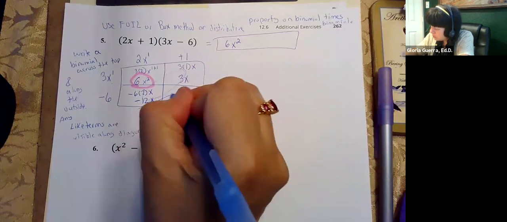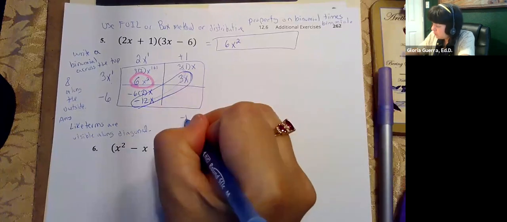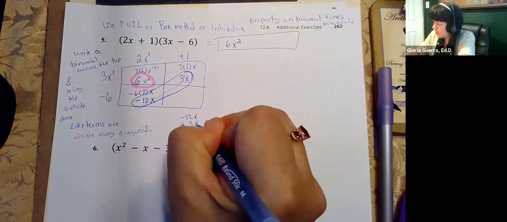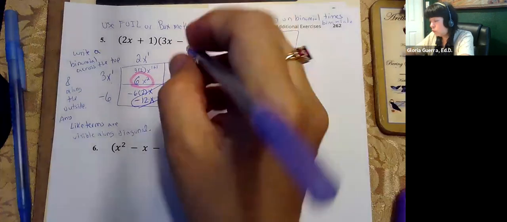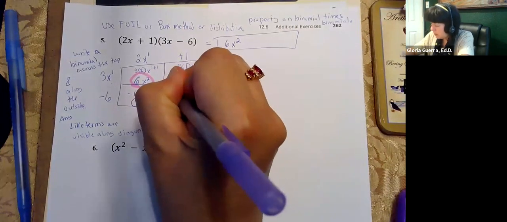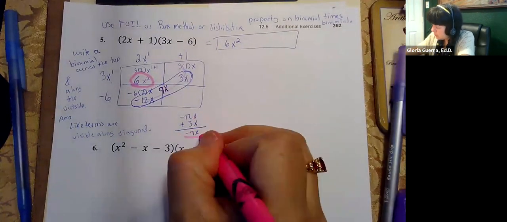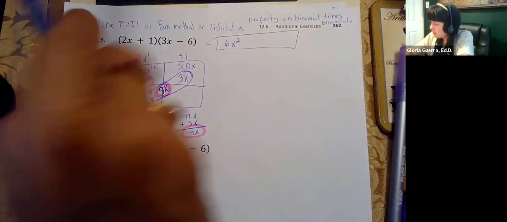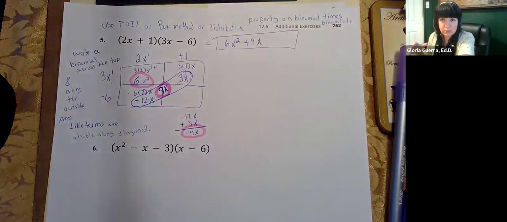So here we have like terms. -12x plus 3x gives you a total of -9x. That is the second term in your answer, and it's going to be either positive or negative. You connect terms with signs, positive or negative.